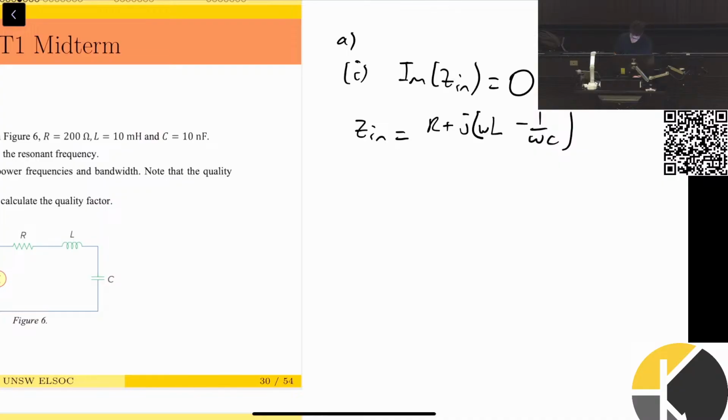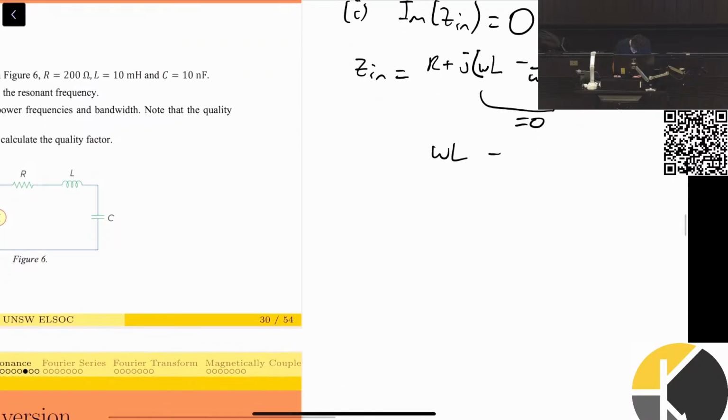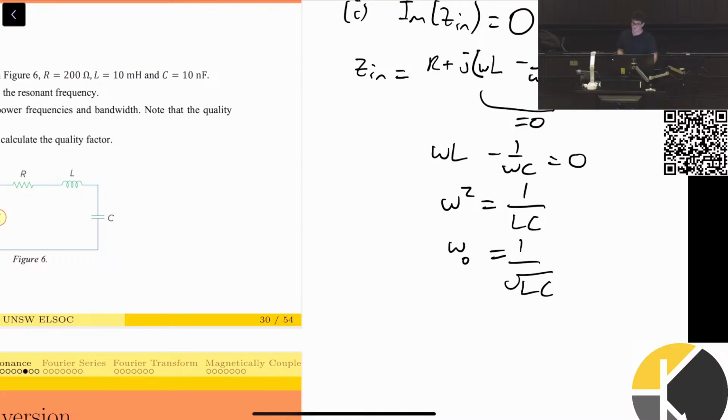And when we set the imaginary part equal to 0, we obtain omega L minus 1 on omega C is equal to 0. When we solve that, omega squared is equal to 1 on LC, and omega naught, which we call the resonant frequency, is 1 on square root of LC. Yeah? Okay.